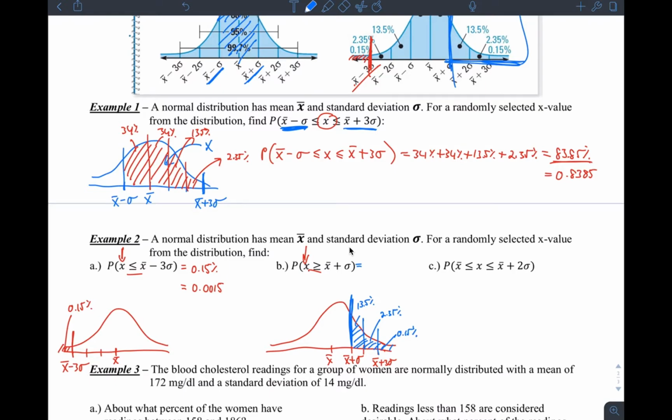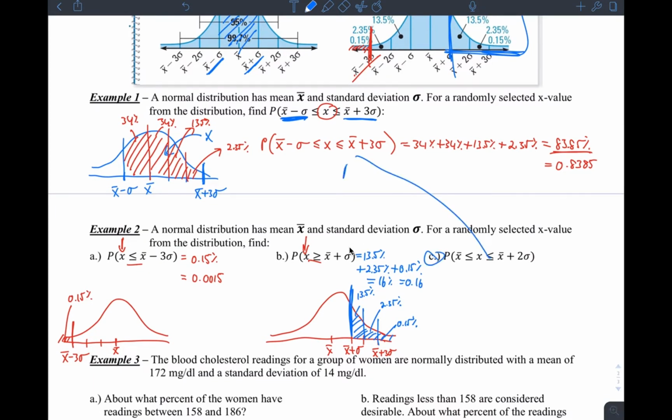Okay, and so it's that plus this plus this. Okay, that makes the answer. And if you do that, you get about 16%, which is basically 0.16.